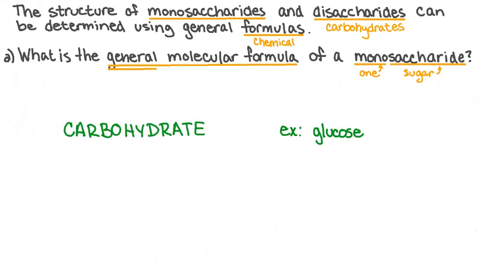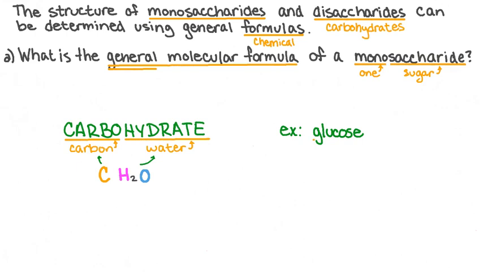We know that sugars are a type of carbohydrate, and a great clue to their chemical formula is present right here in the name. Carbo is a word part that refers to carbon, and hydrate means water. So we know that these molecules consist of some carbon and some H2O.